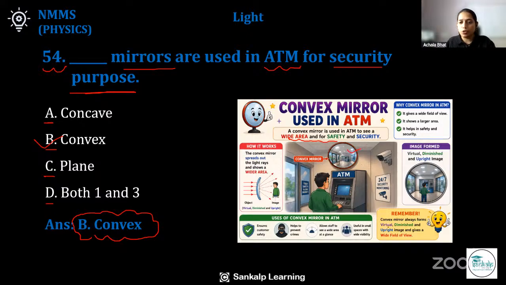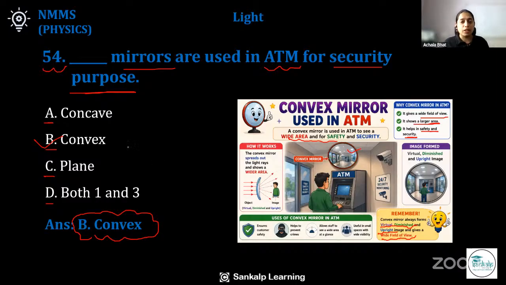Convex mirror always forms virtual, diminished and upright, erect image and gives wide field of view. Therefore, it is used in ATM for security purpose. It shows a large area, it helps in safety and security. Therefore, it is used in ATM.